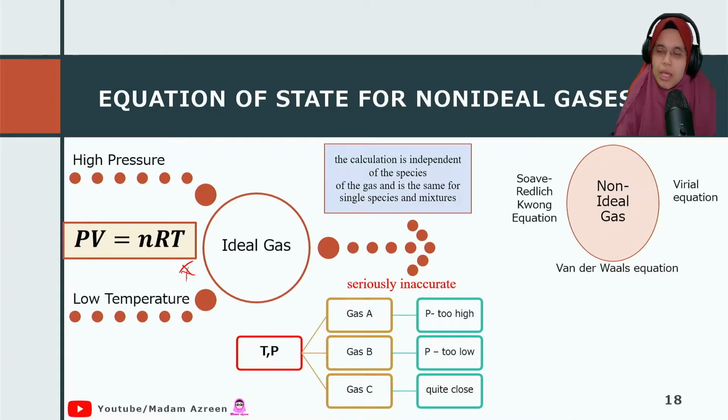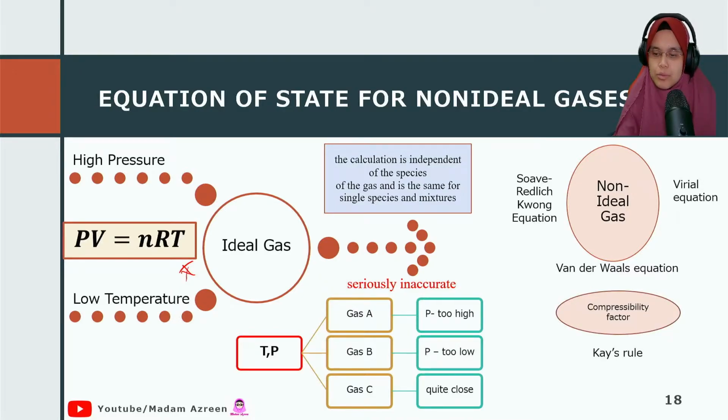And as an alternative to using a lot of equations, they also came up with another way to solve for non-ideal gas, which is using a compressibility factor and rules. Okay, we're going to take a look at these two things in this video.